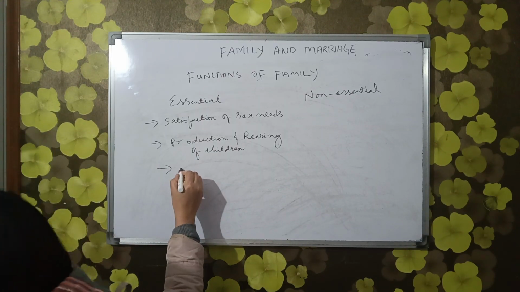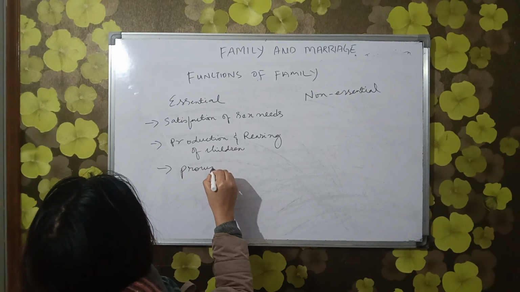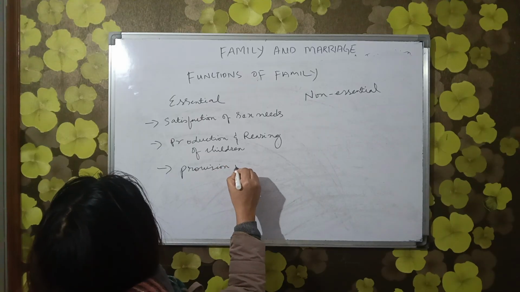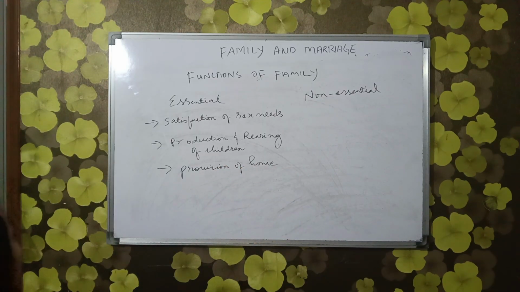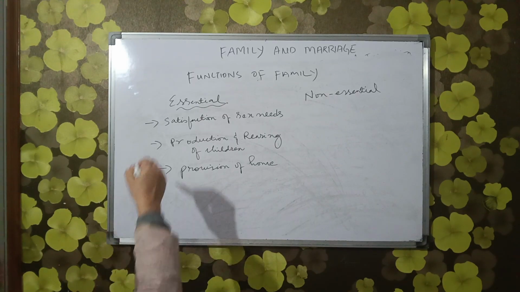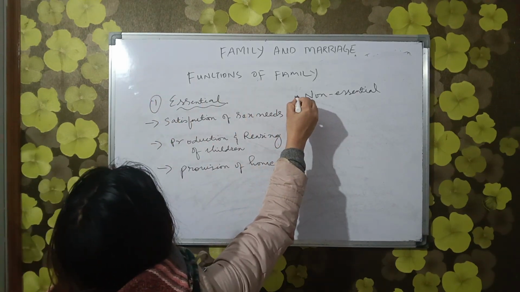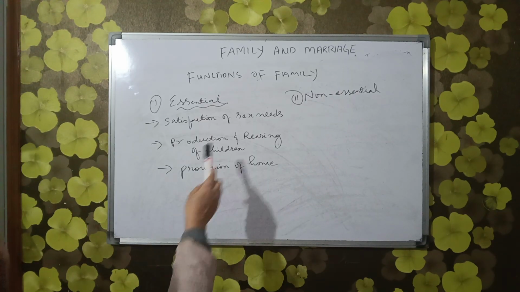Next is provision of home. So the essential function is the function of family. The first one is essential, and the second one is non-essential. In essential, the first one is satisfaction of sex needs.